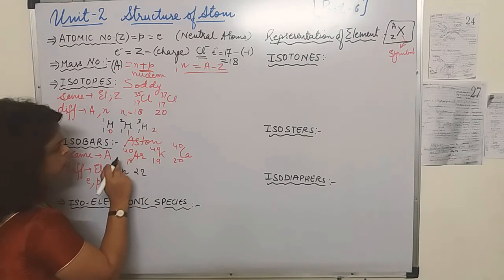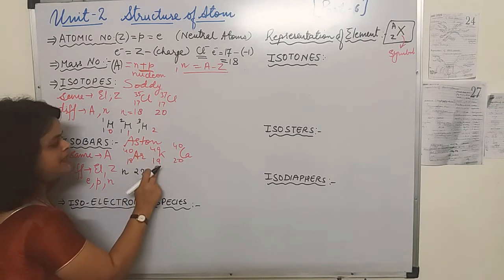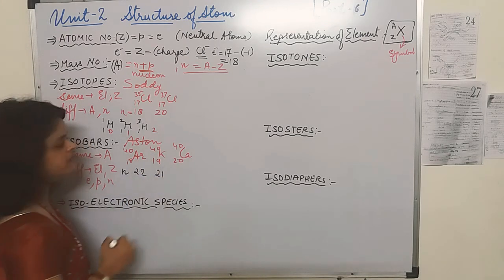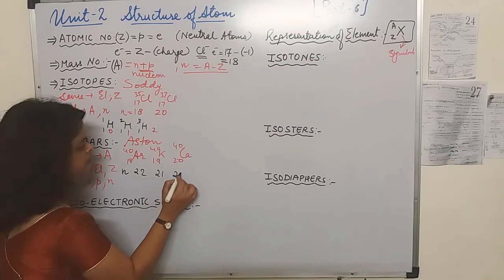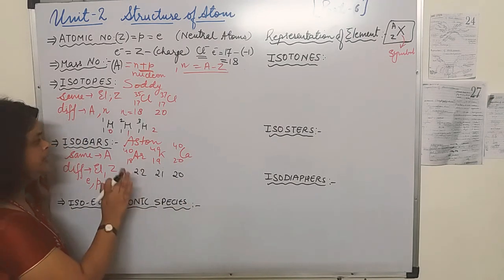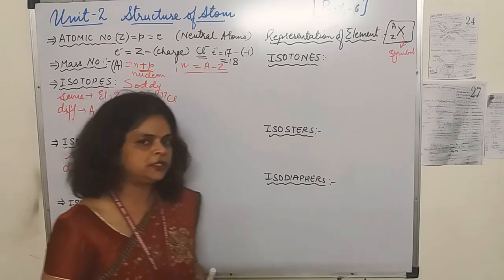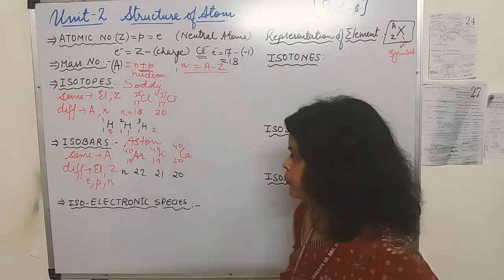Take the difference: 40 minus 18, it is 22. 40 minus 19, it will be 21. 40 minus 20, it will be 20. So again the number of neutrons is also different. So they constitute isobars. Fine. I hope it is understood by all of you.